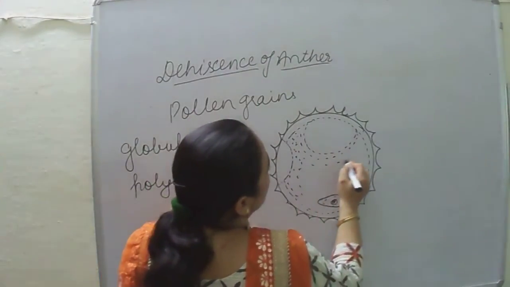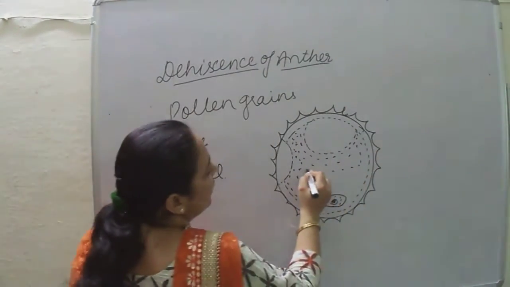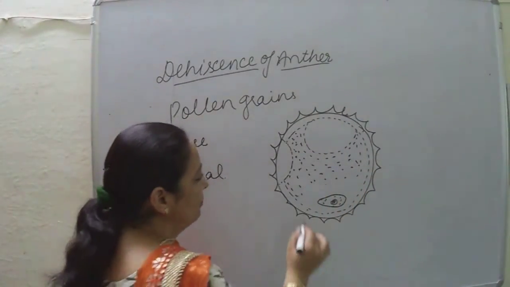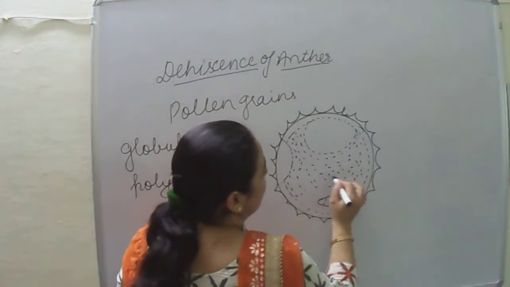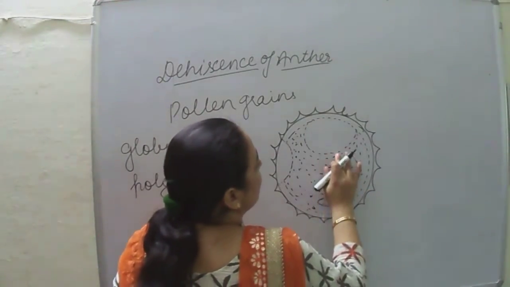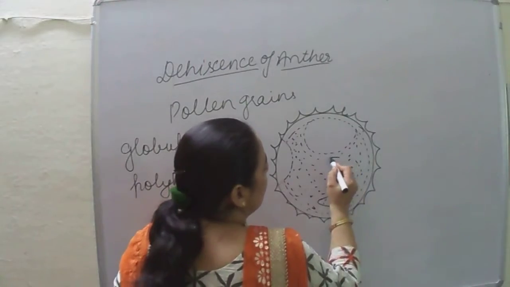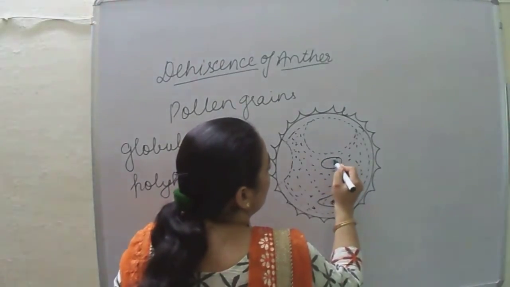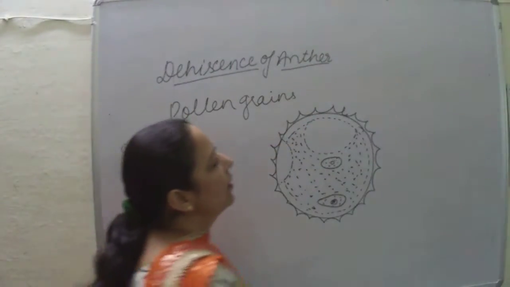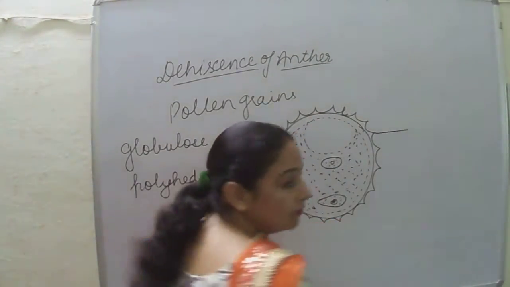This is the structure of the pollen grain I am drawing here. This is the sectional view of the pollen grain. See, this is the outermost layer of the pollen grain.